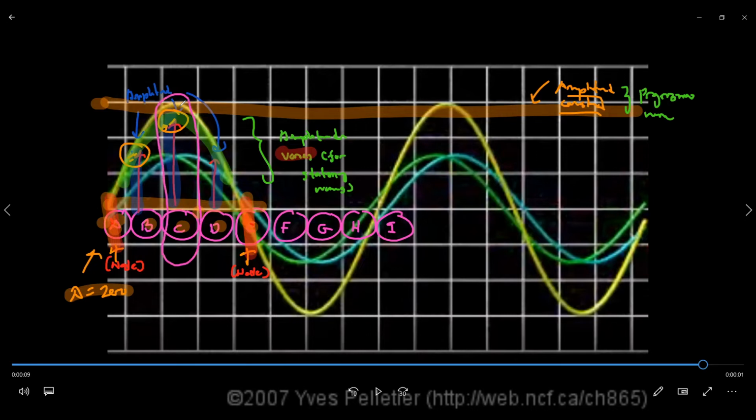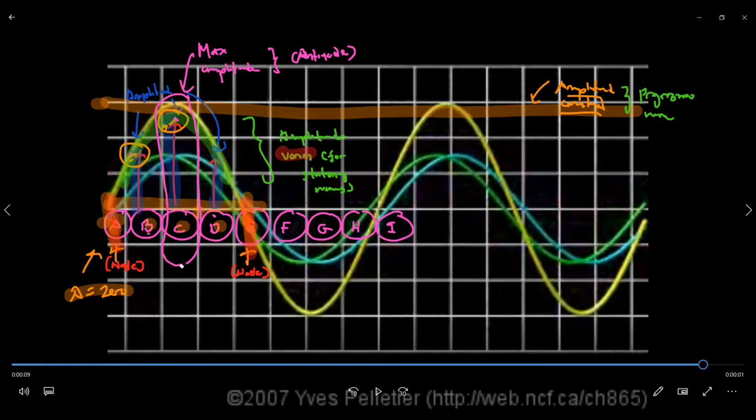Particle C. You notice that whenever it reaches amplitude position, it is much higher than all the other particles. Particle B will never reach as high as C. Particle D will never reach as high as C also. So this part here is where you have maximum amplitude. This one is your antinode.